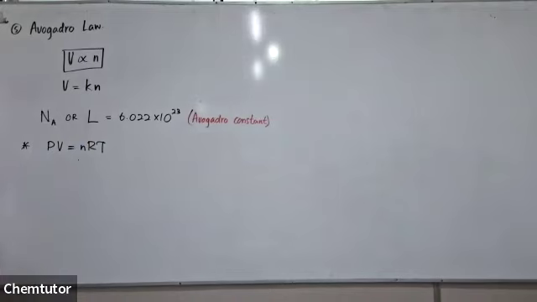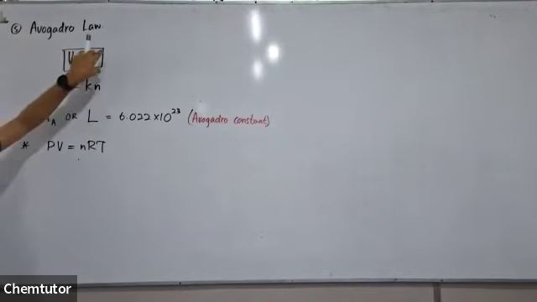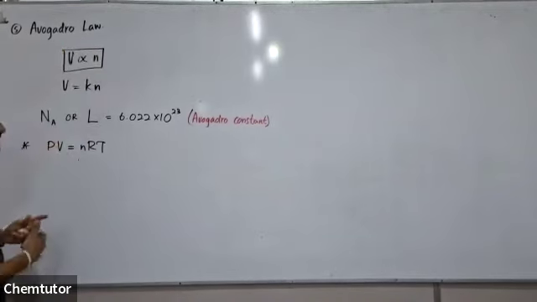PV equals nRT. The ideal gas equation is PV equals nRT, and we know that the Avogadro law says the volume is proportional to the number of moles. So let's take volume as the subject here.